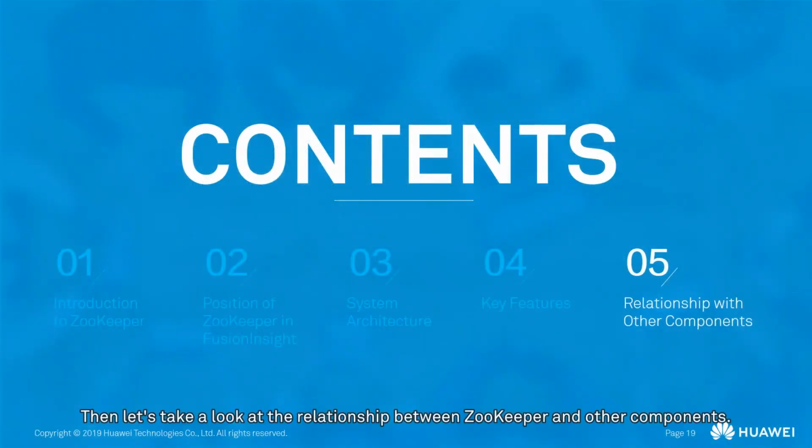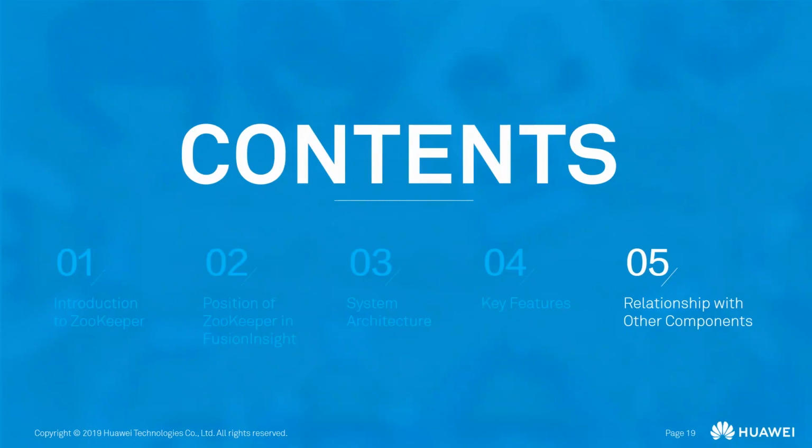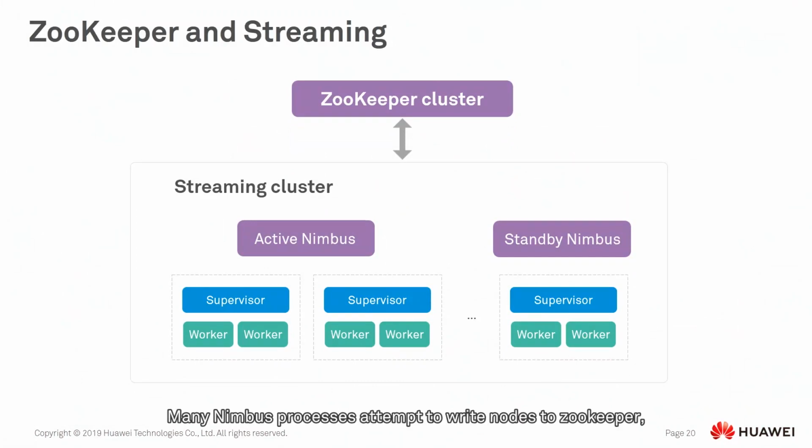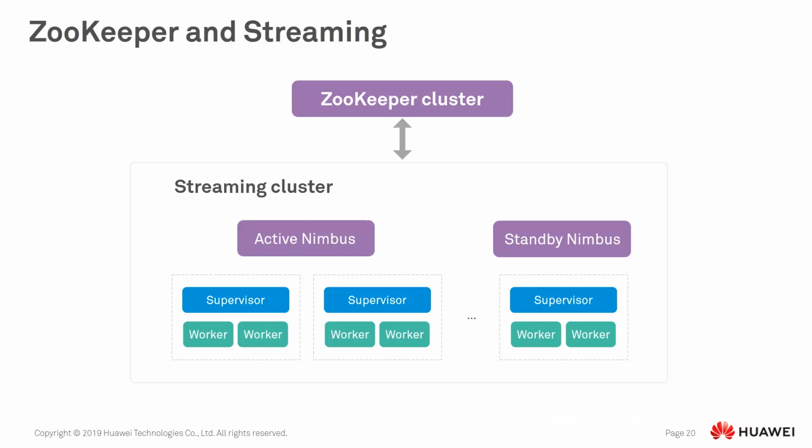Then let's take a look at the relationship between ZooKeeper and other components. For Streaming, ZooKeeper selects the active Nimbus. To be more specific, it provides the following functions. Many Nimbus processes attempt to write nodes to ZooKeeper.